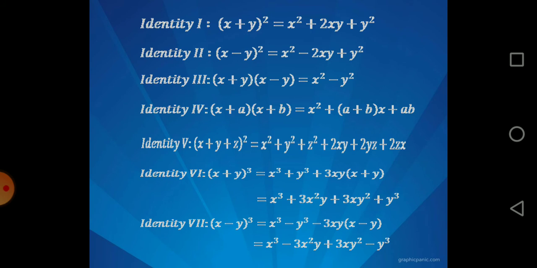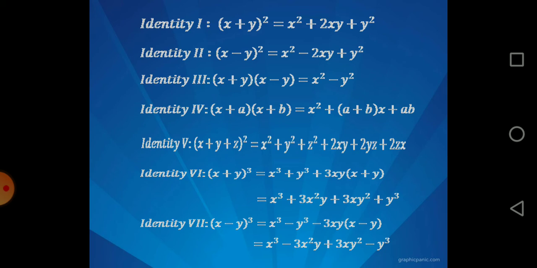In the previous classes, we have learnt 7 identities. They are: x plus y whole square is equal to x square plus 2xy plus y square. X minus y whole square is equal to x square minus 2xy plus y square. X plus y into x minus y is equal to x square minus y square.